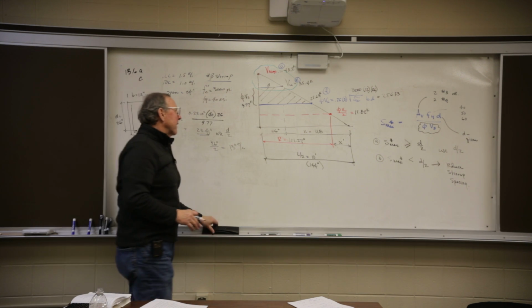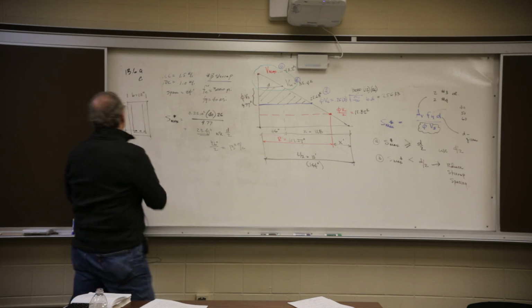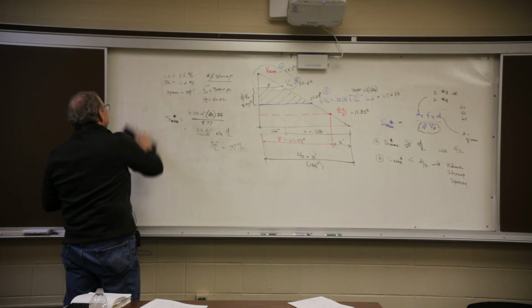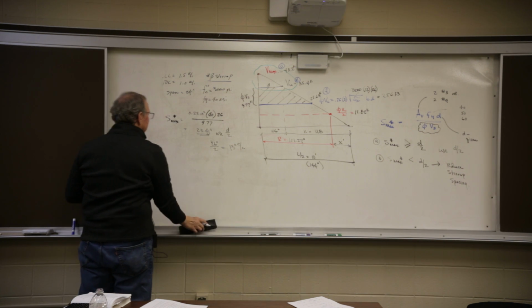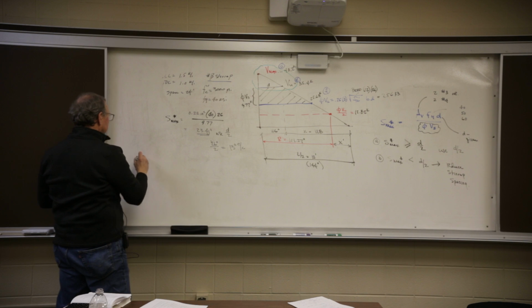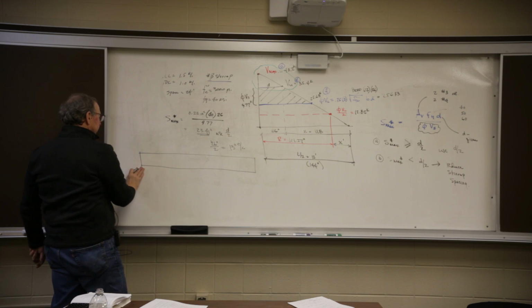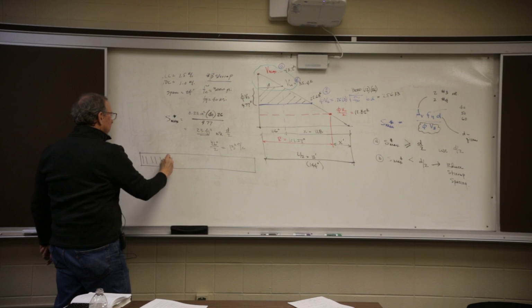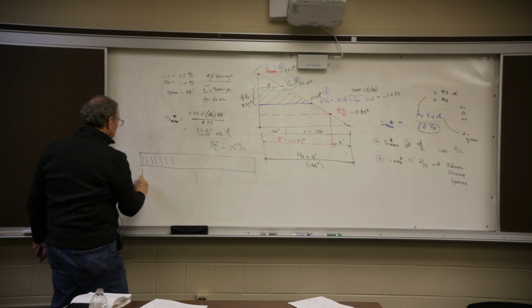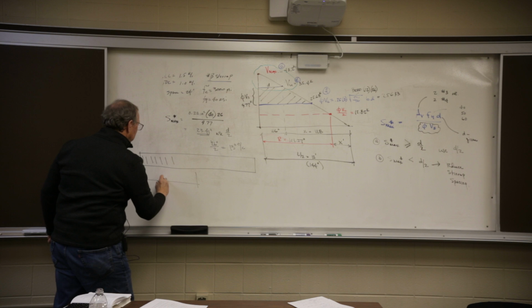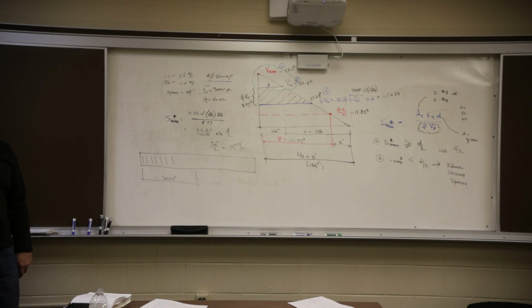So what does that look like in real life? Okay, let's take a look at it. Here's my beam. My beam is 24 foot long. I'm going to start putting stirrups in them. And I know those stirrups have got to go 101.27 inches minimum. So I start putting them in.